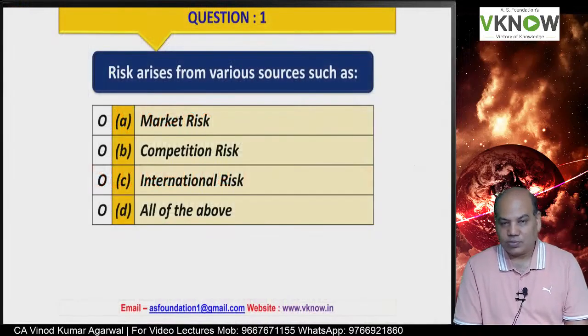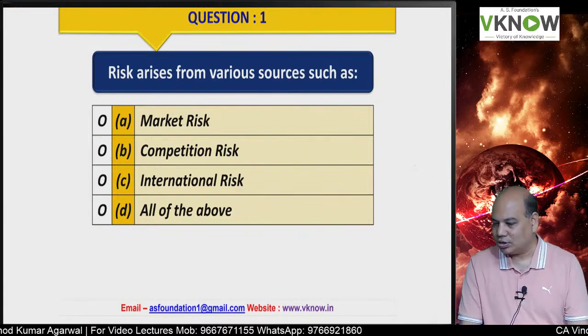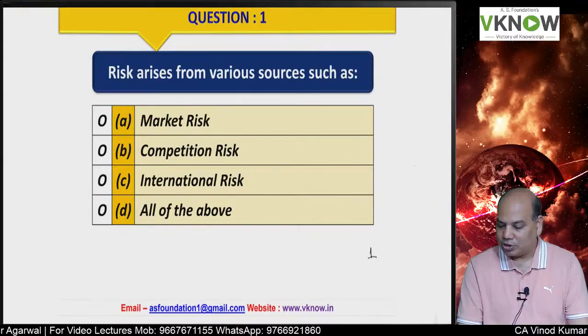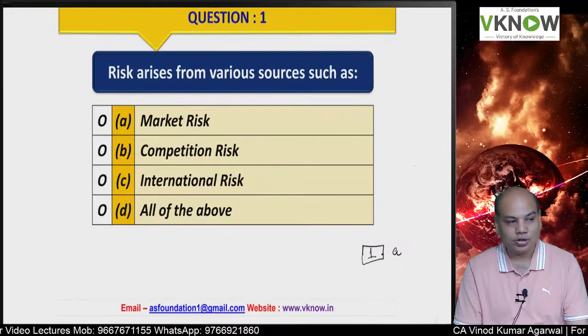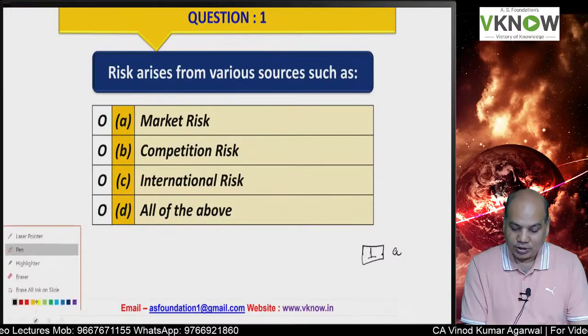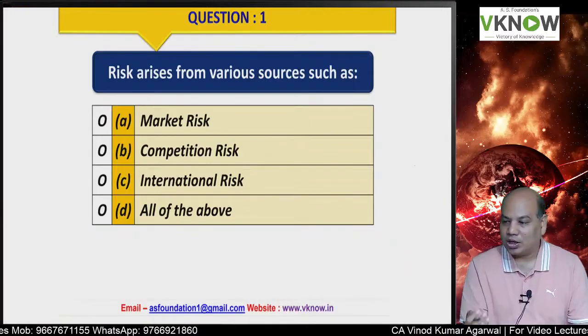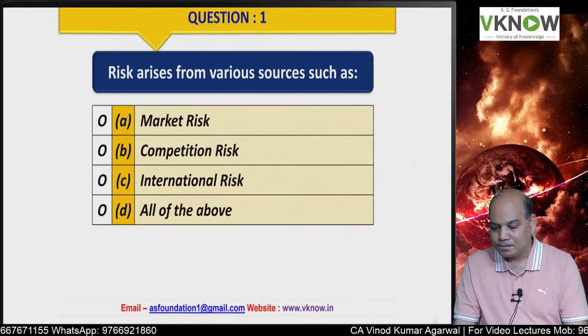Here is my first MCQ for you. You have to answer A, B, C or D. While typing your answer, you have to write 1A, 2A, 2B, whatever, so that I can understand which question you are replying to. Otherwise, sometimes the answer comes a little late, and by that time I have moved to the next question. So are you ready?